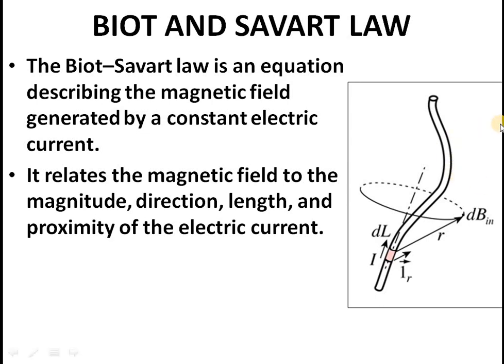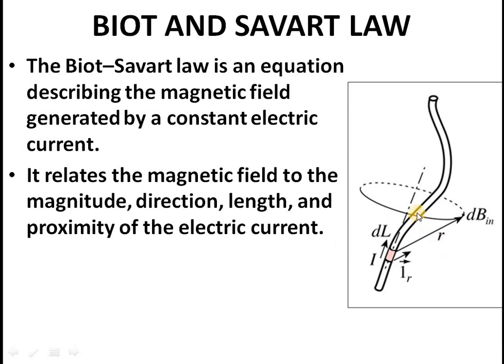It relates many things actually. It relates the magnetic field to the magnitude of the current, the direction of the current, and the length of the wire that we have taken into account to find the magnetic field at a point. So the length of the wire is also important, and of course the proximity of the electric current.